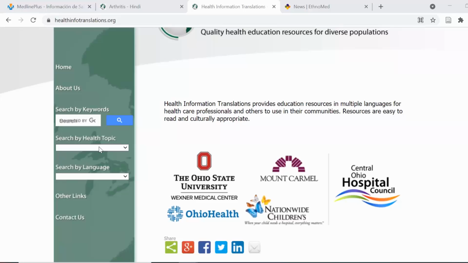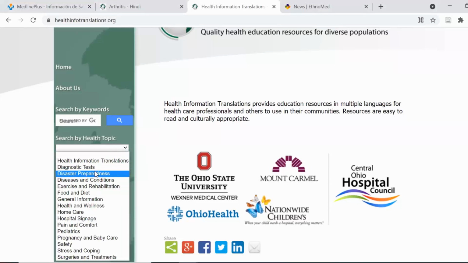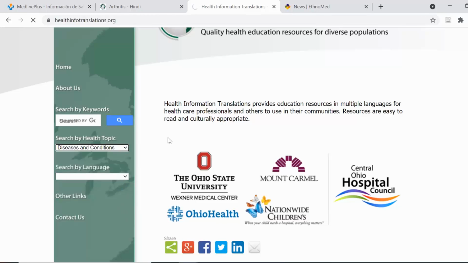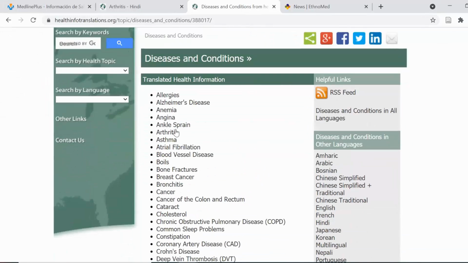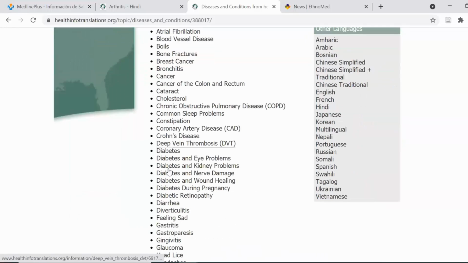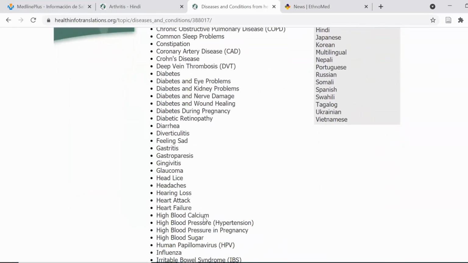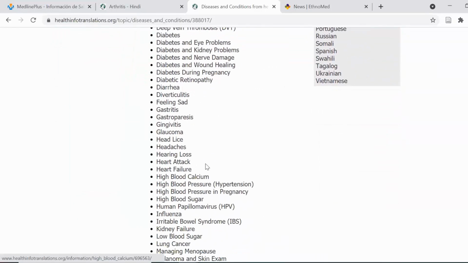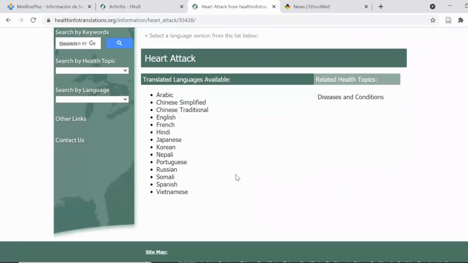But yeah, you can search by health topic, so you can find, let's say, diseases and conditions. And we can look in a whole host of all these different conditions here. So let's say we were interested in, say, heart attacks, just for our purposes here. You can find a bunch of different materials translated into these different languages.